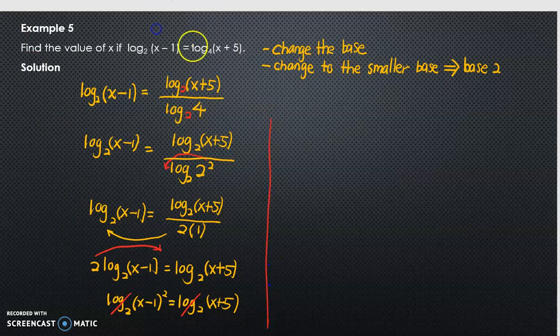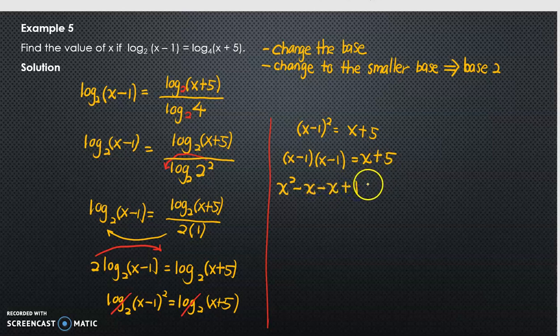So next, from here, I will have x minus 1 squared is equals to x plus 5. You need to expand this bracket. So it's x minus 1 times x minus 1 is equals to x plus 5. Then we expand x squared minus 2x plus 1 is equals to x plus 5.